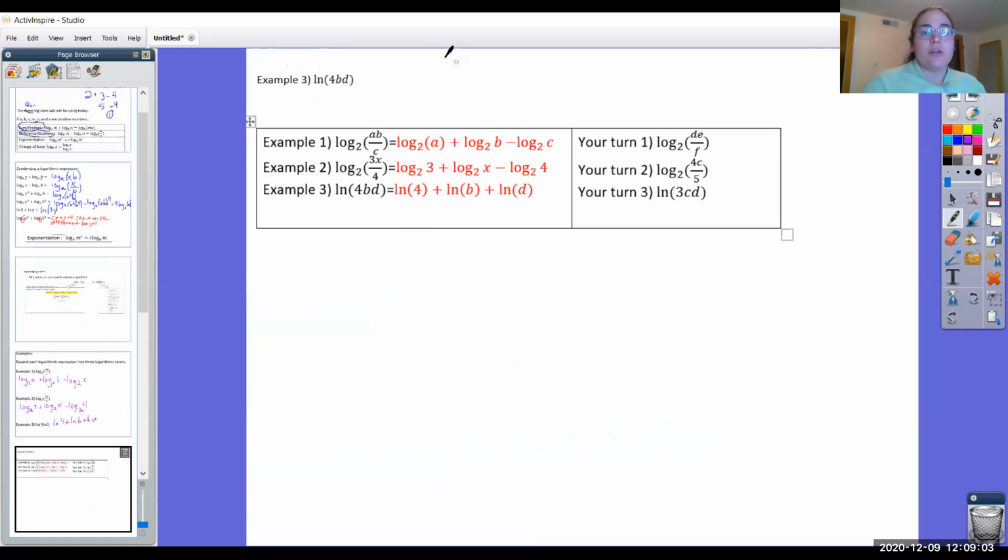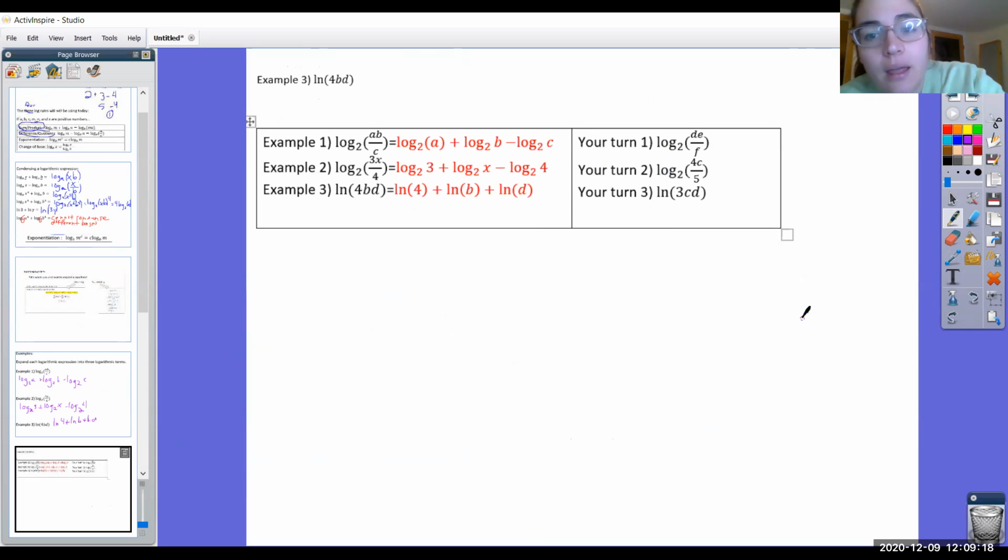Okay, so these in red are the examples that we just did. You can try these three on the right here, and I'll write the answers to them at the bottom, but you can go ahead and try these.